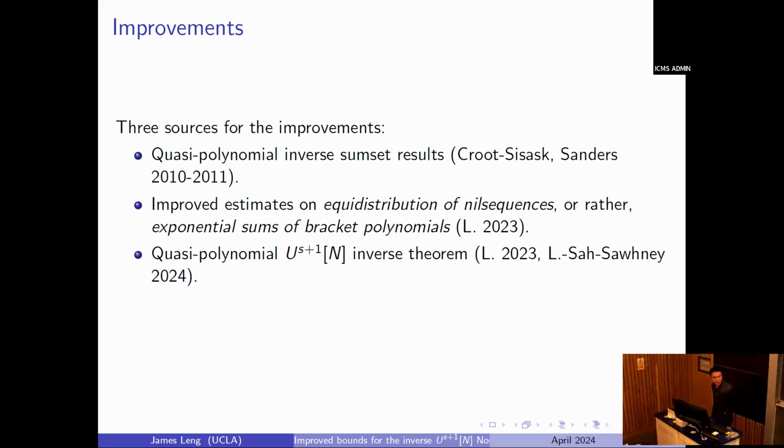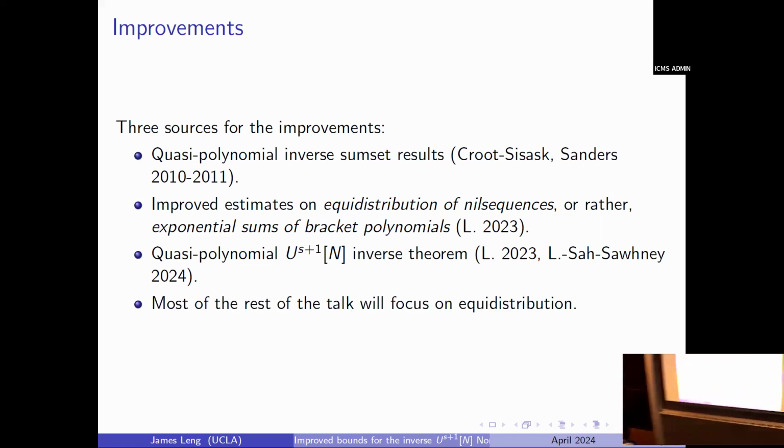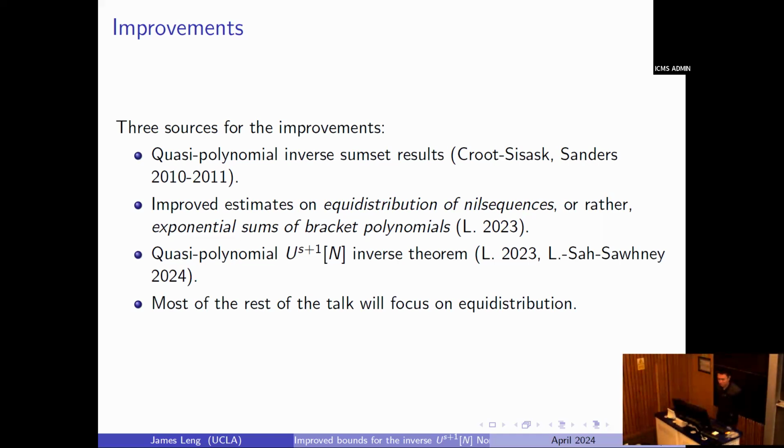So I got the U4 one in 2023, and me, Ashwin, and Terry got the general one a bit later. Most of my talk will focus on part 2, computing exponential sums of bracket polynomials. I think Mehtaab's talk will focus a bit more on the proof of the inverse theorem, assuming this equidistribution.